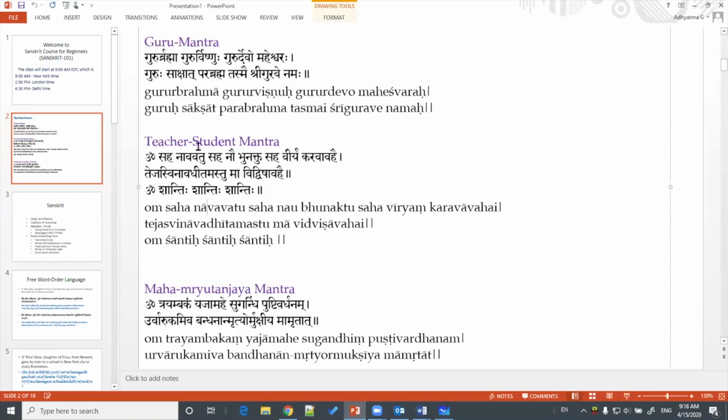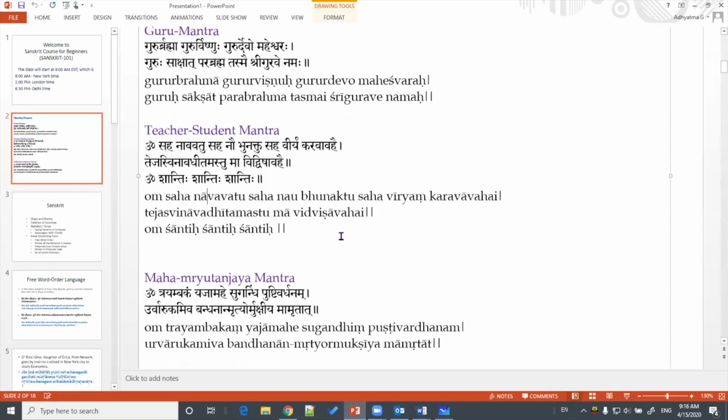So it is a prayer that every teacher and student combination says, and this is a very common prayer you might have heard when Guruji also takes classes. It normally is said in the beginning, and it means may he protect us both together. Saha, the word which we have already used, means together.